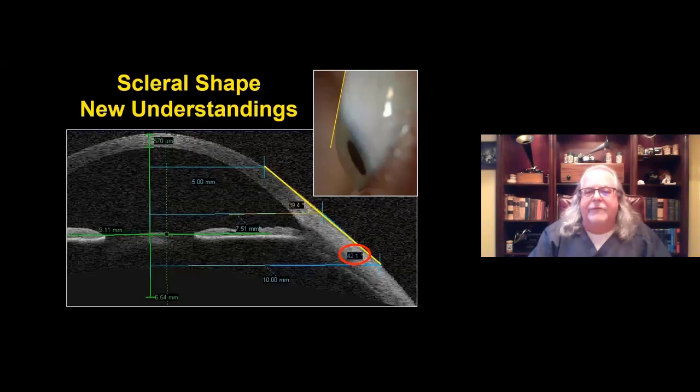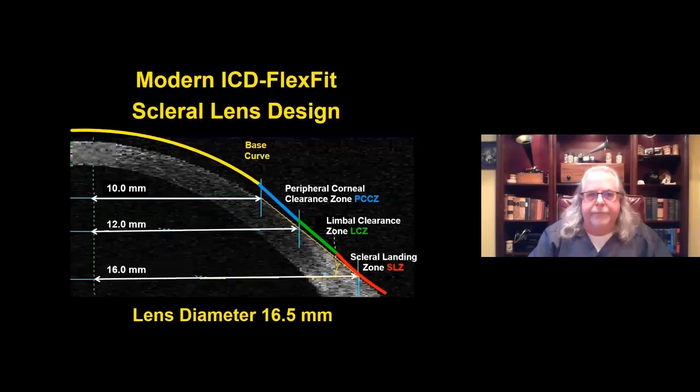There you can see the eye finally beginning to make its curved shape. So modern OCT imaging provided us some tremendous insights into modern scleral lens design, in the fact that we would probably align that area of the sclera best by not incorporating a curve, but instead a tangent angle.